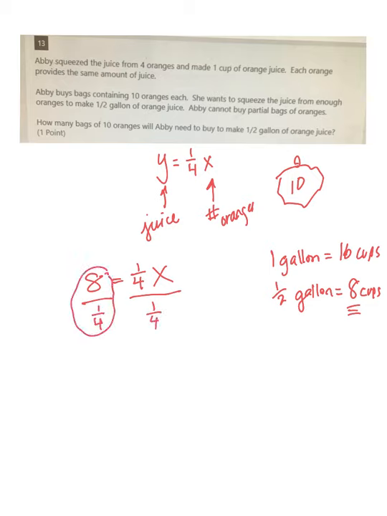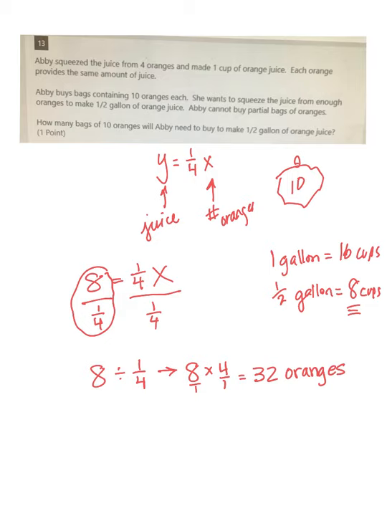So we have to figure out what is 8 divided by 1/4. 8 divided by 1/4, if you remember, we need to multiply by the reciprocal, because this is how we solve complex fractions. And let's see, my denominators are both 1, so that's handy. We just need to multiply 8 times 4, which is 32. So we need 32 oranges to make 8 cups. Because we figured out that X is 32, and X is the number of oranges.